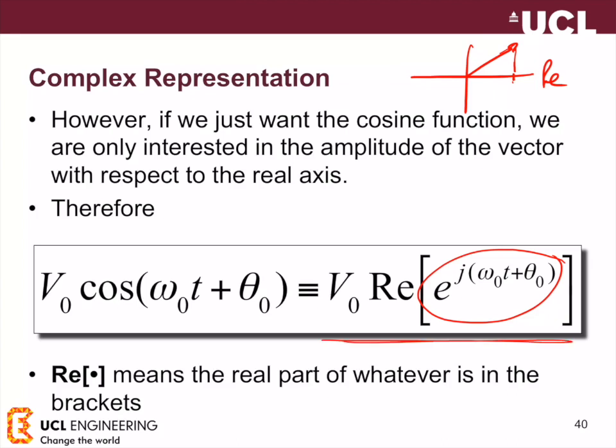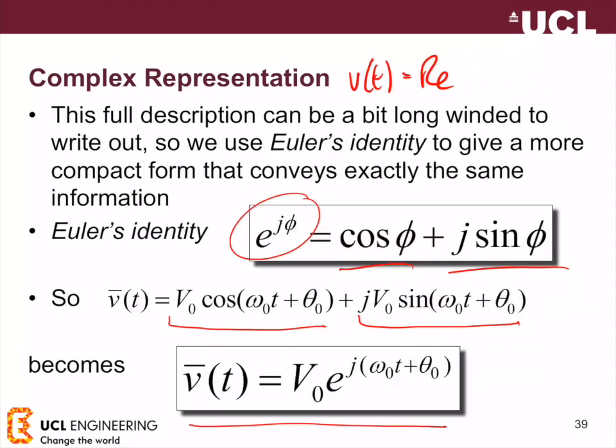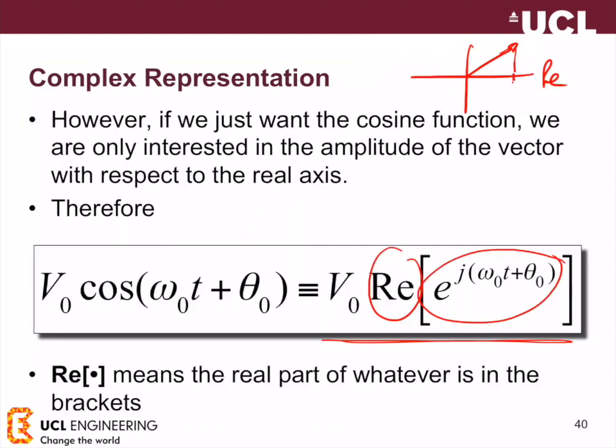One thing, we could use this mathematical trick here and say, actually, I just want the real part of this. So take the real part of this complex exponential. And of course, we said here, the complex exponential is this real part here plus this imaginary part. So if we get rid of the imaginary part, we're just left with v naught cos of omega naught t plus phi naught, which is what we were after as our real cosine.